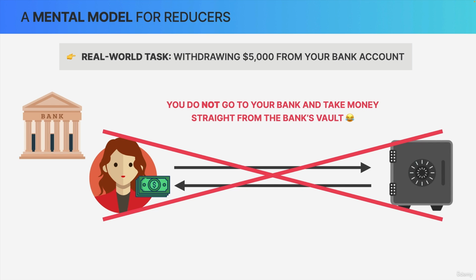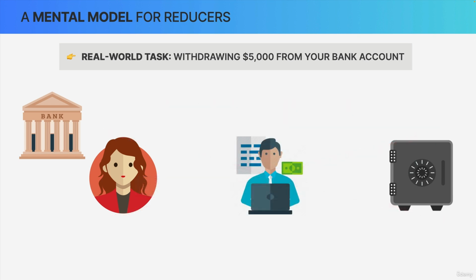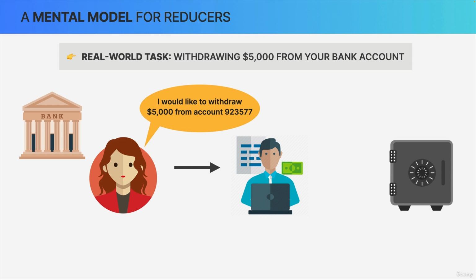How it does work is that you go into the bank and there you'll find a person sitting at a desk ready to assist you. Now, when you arrive at the bank, you already know how much cash you want to withdraw and from what account number. And so you walk right to the person and tell them that you would like to withdraw $5,000 from account 923577, for example.